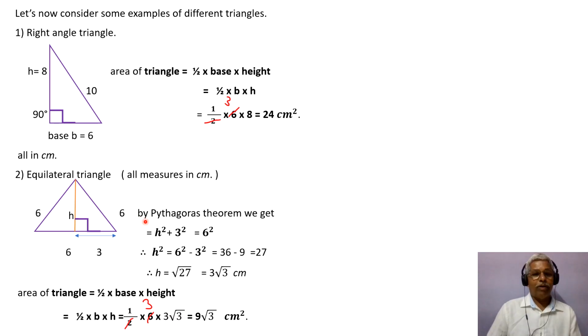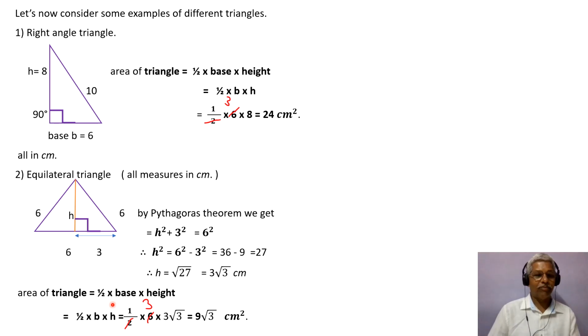So by Pythagoras theorem, if you apply Pythagoras theorem to this, we get h square plus 3 square equals hypotenuse or 6 square. That is h square equals 6 square minus 3 square, or 36 minus 9 is 27, or h is equal to root 27 or 3 root 3.